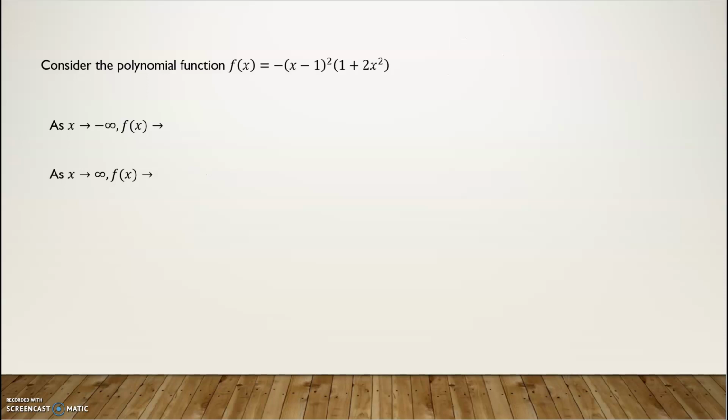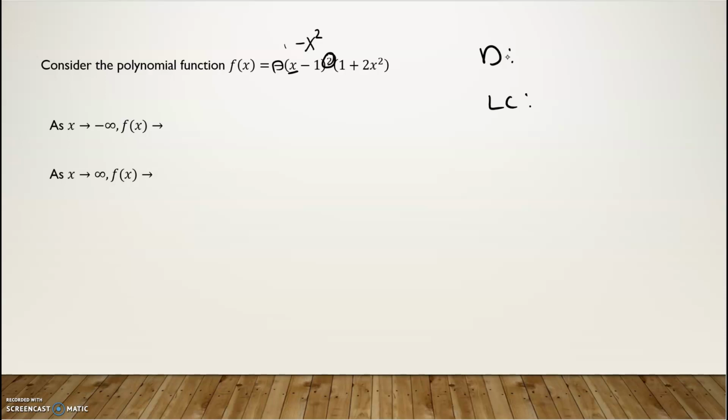Same thing here, we need to find the leading coefficient, and we also need to find the degree. To get the degree, I'm going to look at this x being squared, so x times x, and I've got a negative in front of it, so this would be a negative x squared.